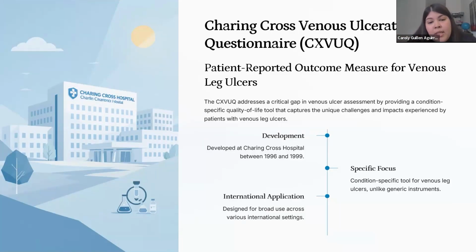It was developed at Charing Cross Hospital between 1996 and 1999. The specific focus was on venous leg ulcers, as I mentioned, and it also has international application.